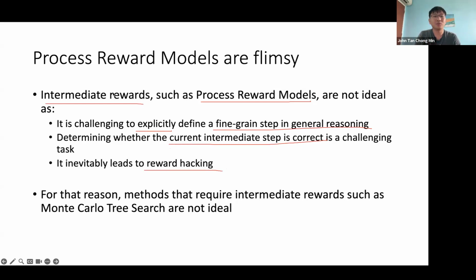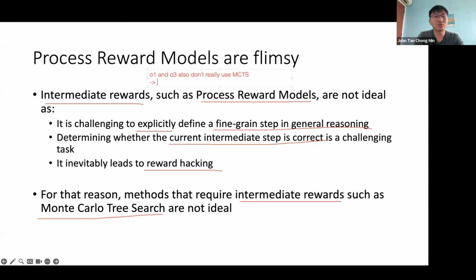So these intermediate rewards have a lot of problems, and they also mentioned that Monte Carlo tree search didn't really work because they couldn't use these intermediate rewards to bias the search well. They tried both Monte Carlo tree search and process reward models, and eventually came to the conclusion that they cannot use either one. I think this is similar to O1 and O3, which also don't really use MCTS, at least that's what some of the researchers there claim.